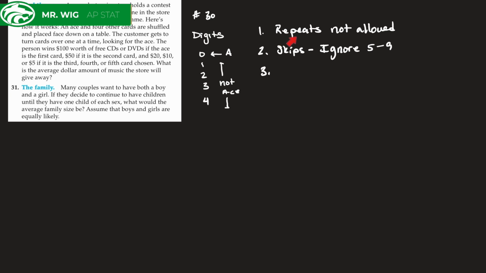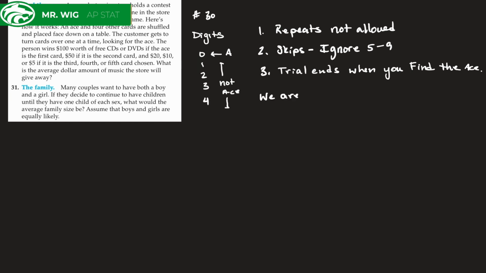Number one, I needed to talk about repeats, because these are very specific cards. Once the card is turned over, it can no longer be turned over again. So repeats in this example are definitely not allowed. Skips: I'm definitely skipping values. In fact, I'm going to ignore every value from 5 to 9 when I go to my random number table. The trial is going to end when I find the ace, in this case, when I get the value of 0.